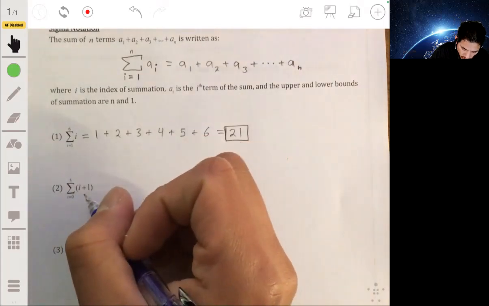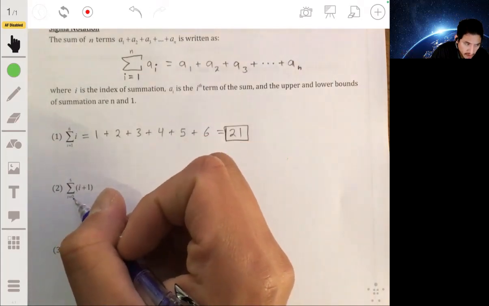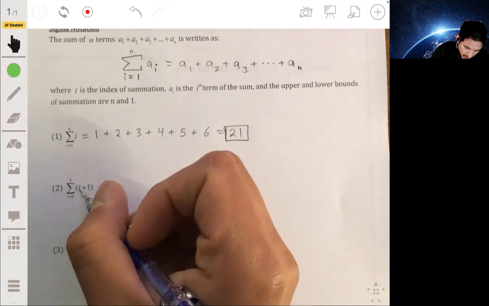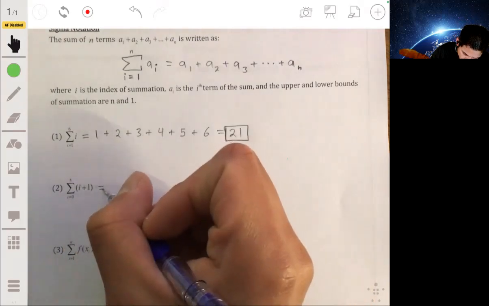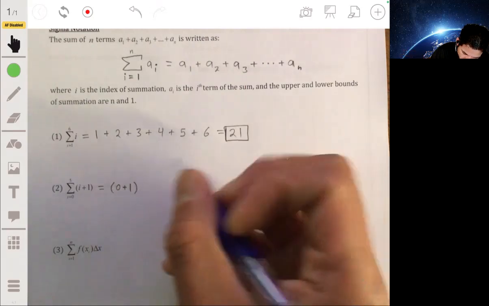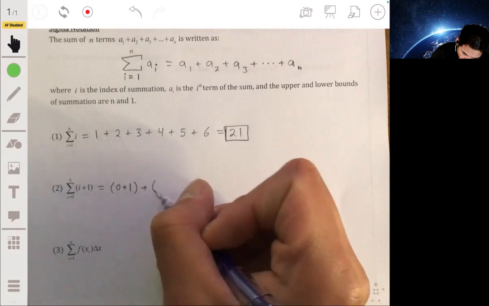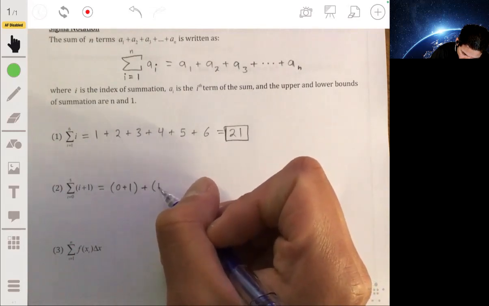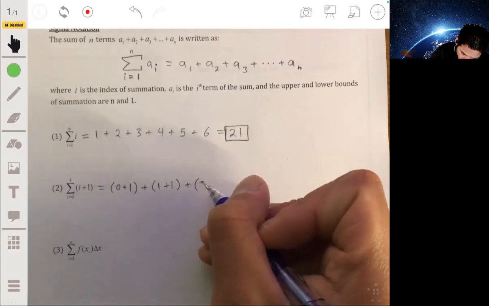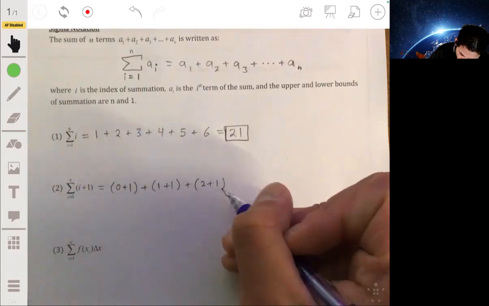And 2, we're adding the terms from i equals 0 to 5, where each term is equal to i plus 1. So starting at 0, that means we're going to have 0 plus 1 be our first term. And then our next term will be 1 plus 1. Third term will be 2 plus 1.